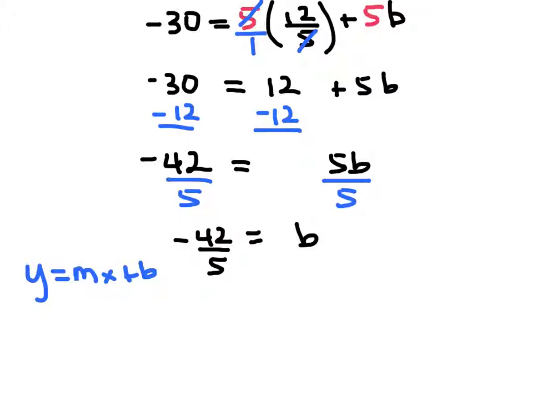To finish off the problem, we have to substitute the appropriate value for m and the appropriate value for b into this equation. So finally, we'll get y equals, I believe the slope was 4/5, x plus, and b was negative 42 over 5.